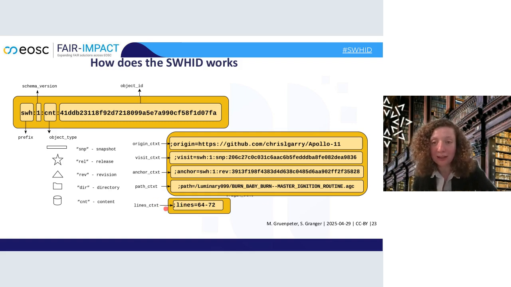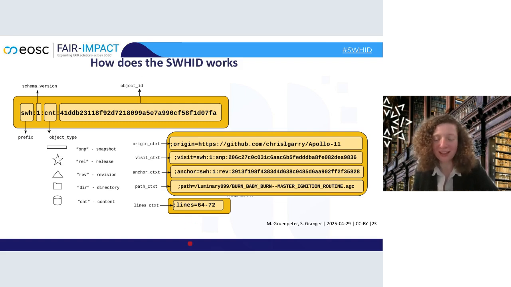And finally, if this is a SWHID of an algorithm, you can see that here the algorithm of the piece of code, the code fragment, is available on these lines. So this is a SWHID.